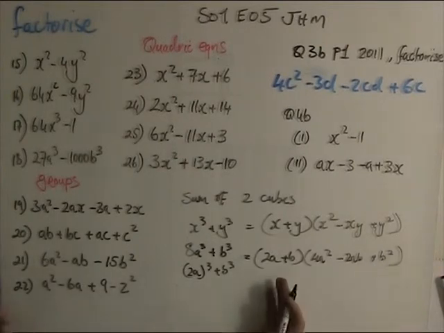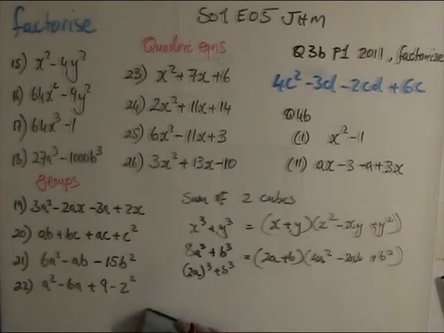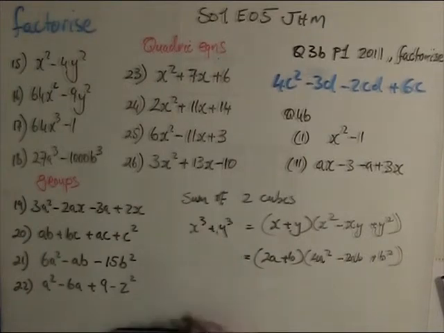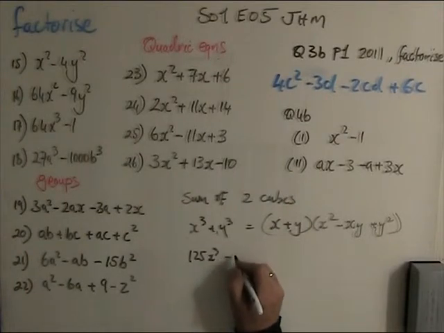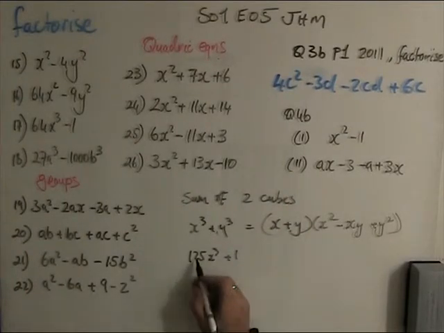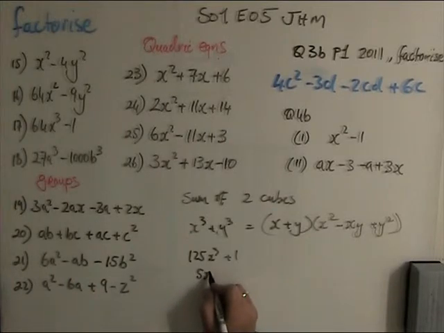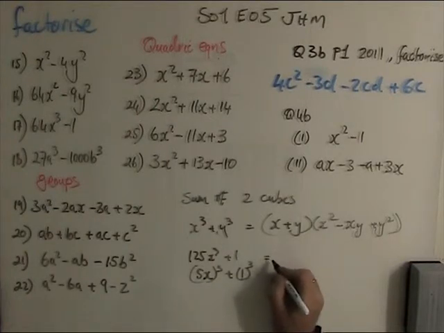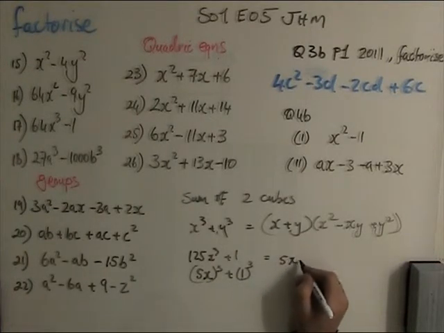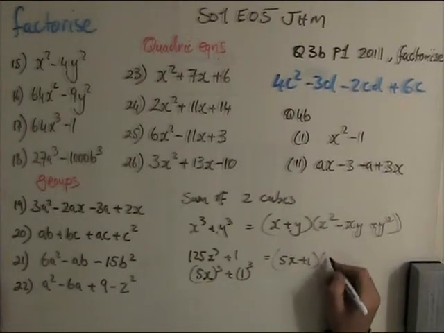So it's the same question, but it's the sum of two cubes. Now, if I had, instead of 25, say we had 125x cubed plus 1. Now I know that 125x cubed is 5x, the whole entity, cubed, and 1 to any power is 1. And I can do it again: the first term plus the second, times the first term squared.